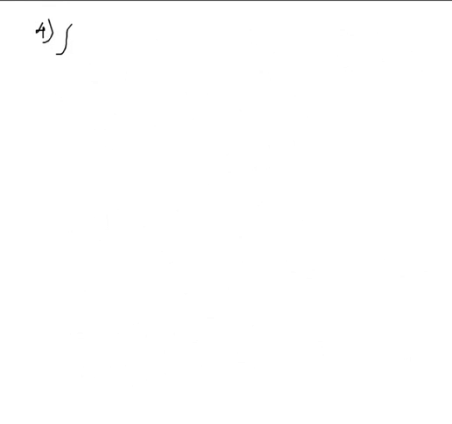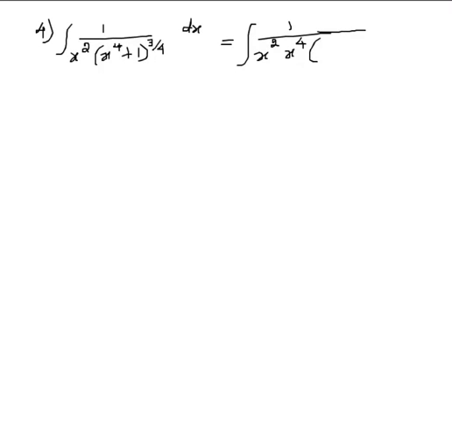Question number 4. Integral 1 divided by x squared times x power 4 plus 1 raised to 3 by 4 dx. One divided by x square into, let us remove x power 4 from that bracket.